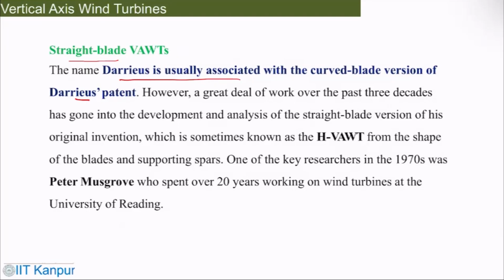But a lot of work over the past three decades has gone into development and analysis of the straight blade version of the vertical axis wind turbine, which is also known as the H vertical axis wind turbine, or sometimes H-type Darrieus, because the blades are straight, not curved. The original invention of Darrieus was the curved blade. One of the great research efforts came up in the 1970s regarding that.